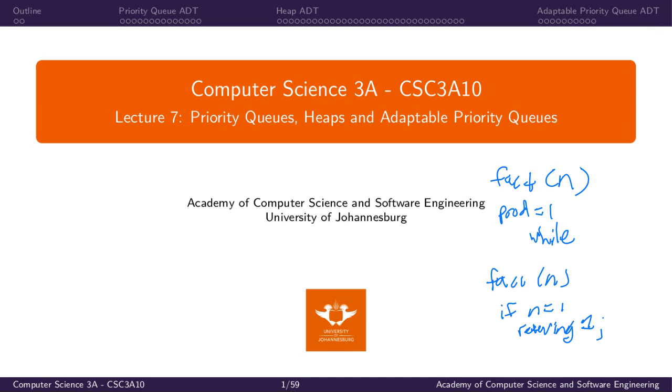Otherwise, here we have that n is some larger positive number because factorials aren't defined for negative numbers. Then you can work it out by finding out whatever fact n minus 1 is and multiplying that by n. So we're working from positive integers, we're decreasing them each time by 1. We should work towards 1.